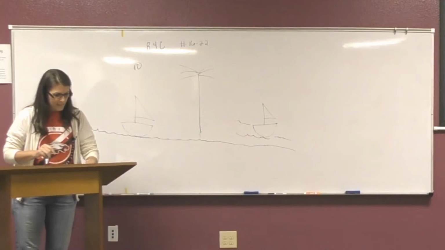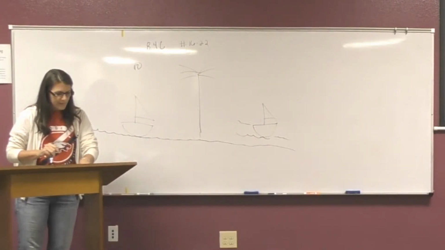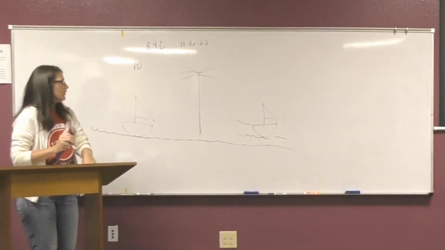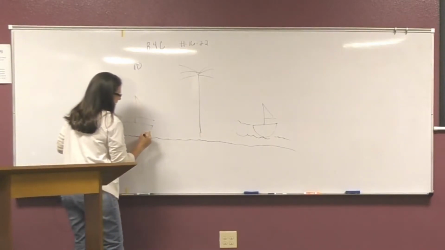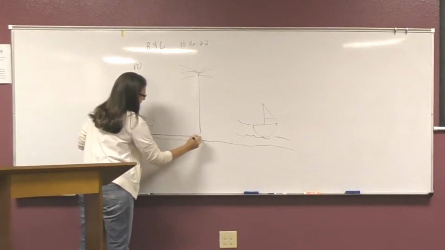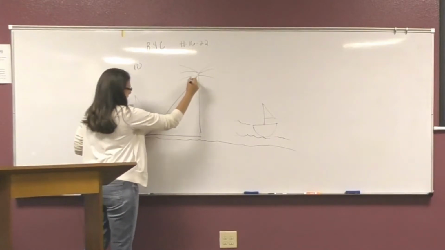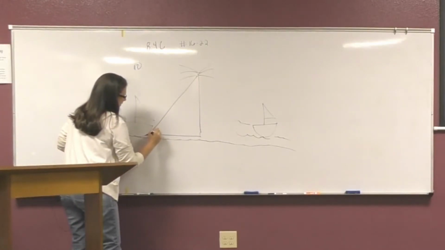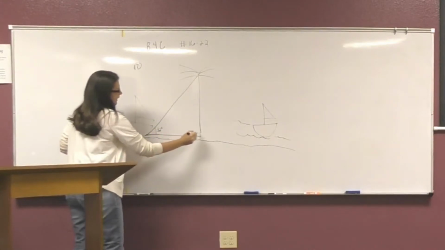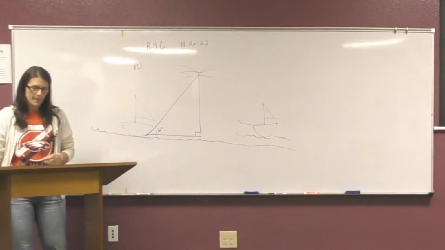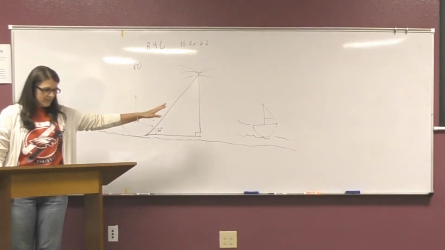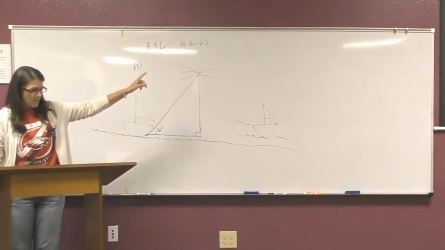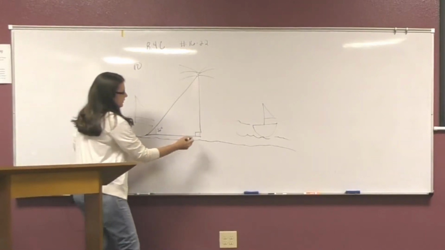So the driver of the first boat can see the top of a lighthouse at an angle of 32 degrees, okay? So that means that he's looking up at a 32-degree angle. So I make that right triangle. The driver of the second boat sees the top of the lighthouse at an angle of 37 degrees.